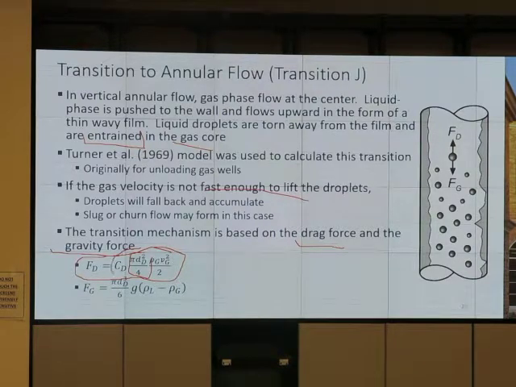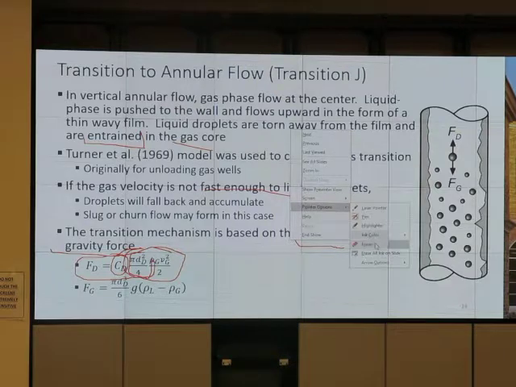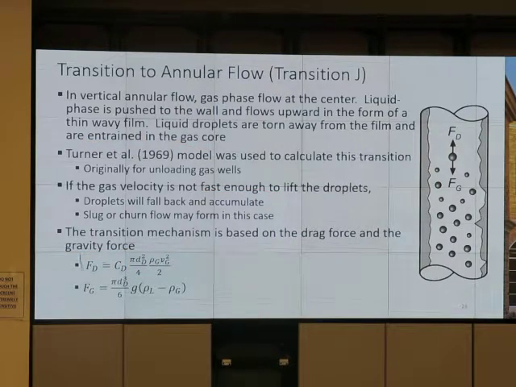F over area is like tau or pressure, so tau equals f rho v square over 2 or something. It's analogous to the case of flow in the pipe. F sub g, the gravitational force, is pi d cube over 6. What is that? Yes.